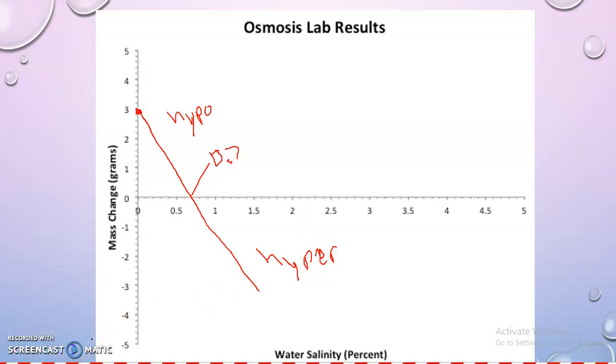So if we do a different example, for this particular line, we still have hypotonic up here, hypertonic down here.